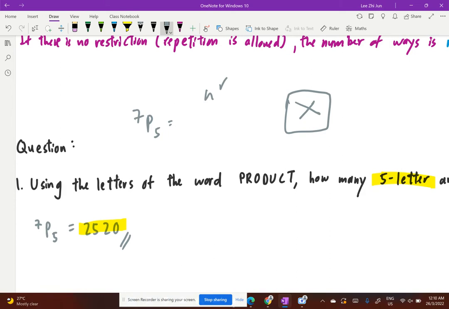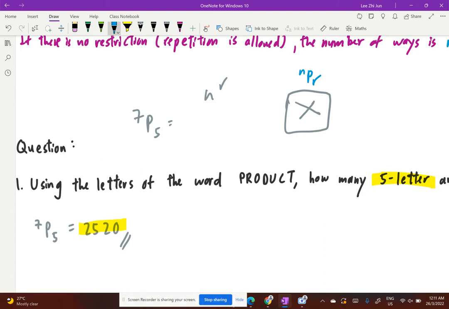For the FX-570EX calculator, if you want to calculate the permutation, can you see the multiplication button on the calculator? On the upper side, it has the word nPr.